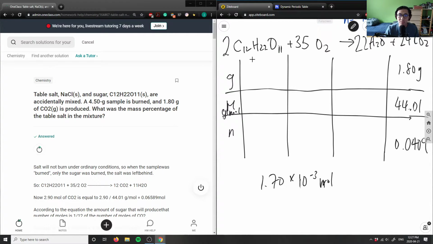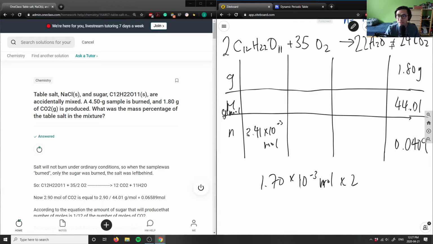Once we have this, we have a coefficient of 2 here, so we have to multiply this number by 2 to figure out the moles of sugar in our compound. If we multiply this number by 2, we get 3.41 times 10 to the negative 3 moles.